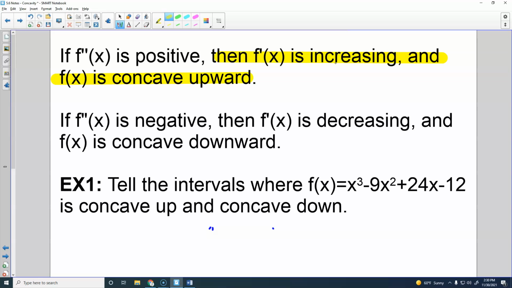It would have to be positive, because if a function is increasing, its derivative is positive. And again, we already said this: if f prime is decreasing, f is concave downward. So if f prime is decreasing, its derivative is going to be negative.